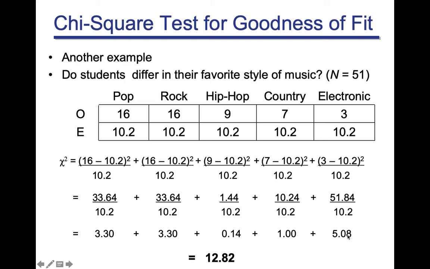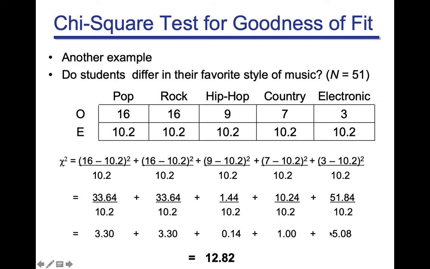It can be illustrative to look at each cell's contribution to the chi-square as a way to say in what categories the observed departs or differs from the expected. And a bigger number means more of a departure from what was expected.